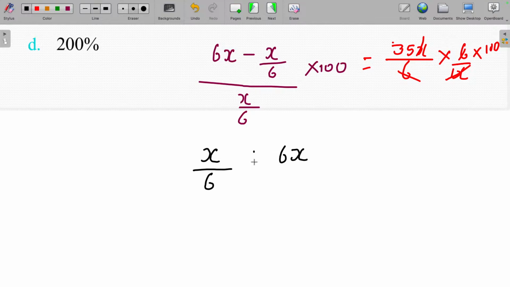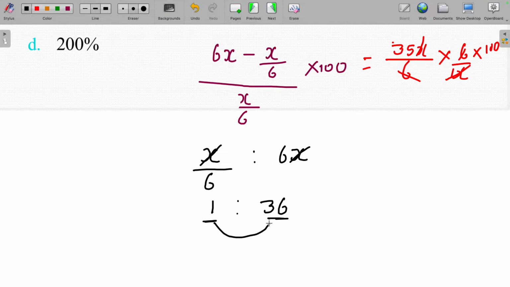If I do ratio, x gets cancelled. 1 by 6 is to 6. But I want the ratio in integer format. I will shift the 6 to this side. Then the ratio will be 1 is to 36. Actually, originally I have to get 1, but by mistake I am getting 36. My actual answer is 1, but I am getting 36, which is wrong.